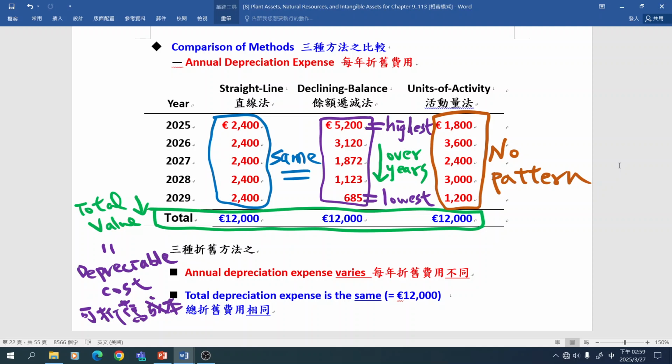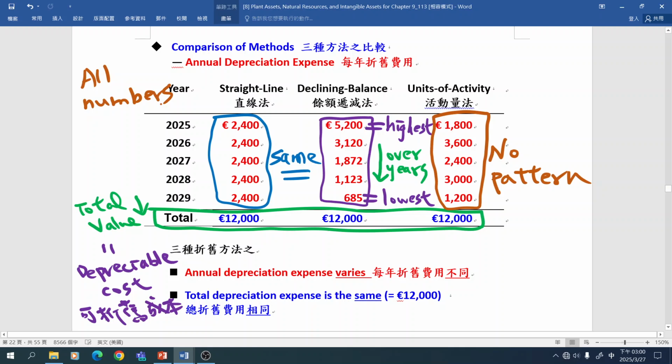Others totally they are not true. They are your estimate. So all the numbers here you find out they are estimates. Okay, any questions? No problem?